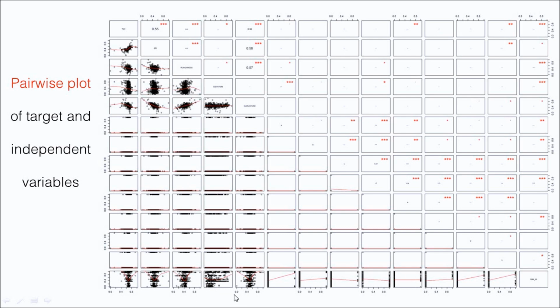You can see it is always from 0 to 1 because we scaled the data, and here on the y-axis it's the prediction. Okay, so you can also see the relationship, whether it's linear or non-linear. This is the red line, it reflects the relationship, and these red numbers here show you the significance. Okay, and if you have a linear model, you will also see high numbers. We'll also discuss this along the course.